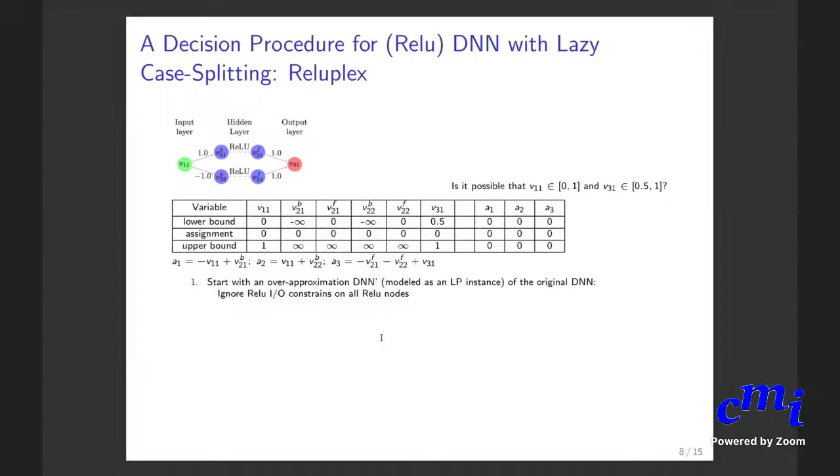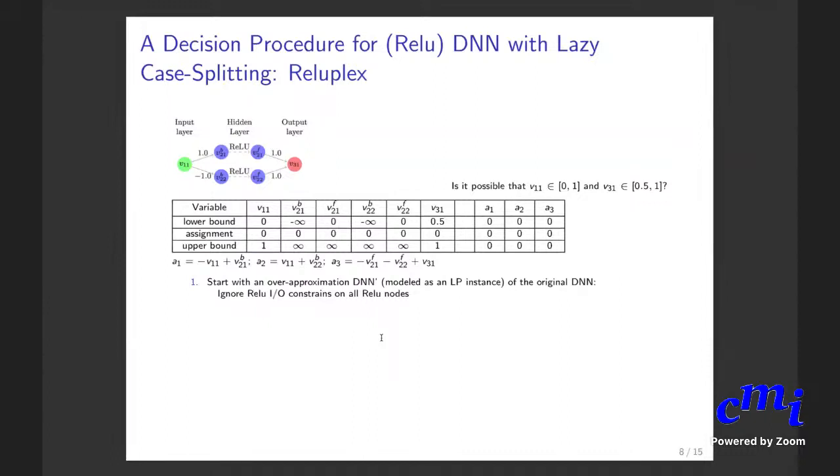I'm assuming your starting point is some set of linear expressions between two constant bounds, and that's exactly what I'm doing here, because eventually there is some constraint here on V11 and V31.